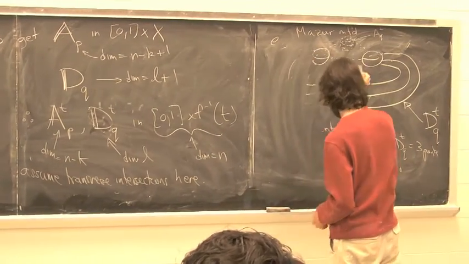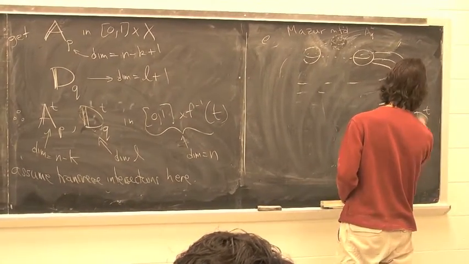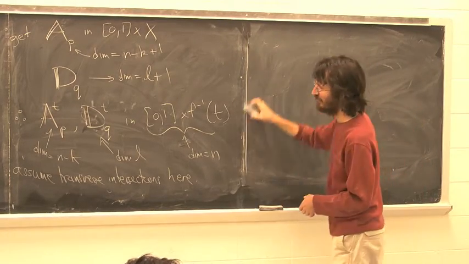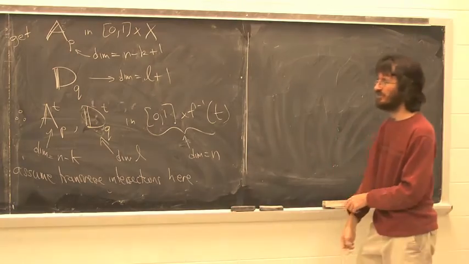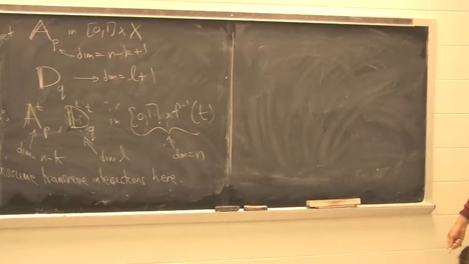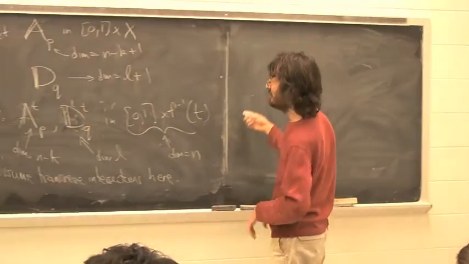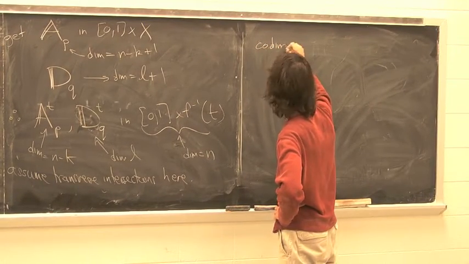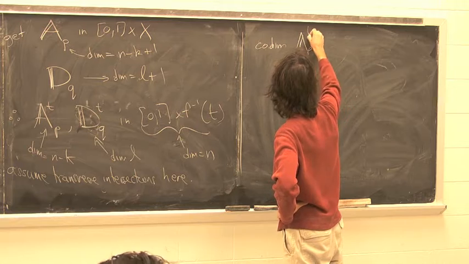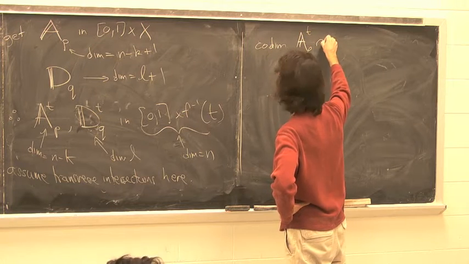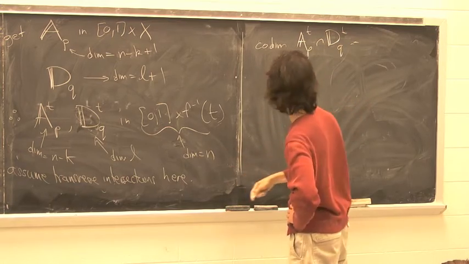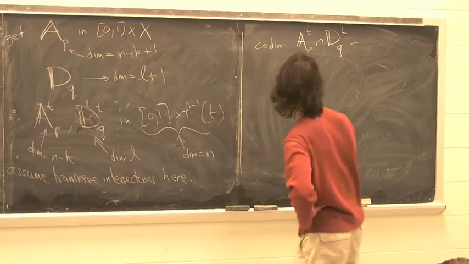I'll let you figure that out, but the same argument we just gave can arrange that these are transverse intersections. And so once you count codimensions again, the codimension of the intersection with q t is the sum of the codimensions here, so now it's just k plus n minus l.